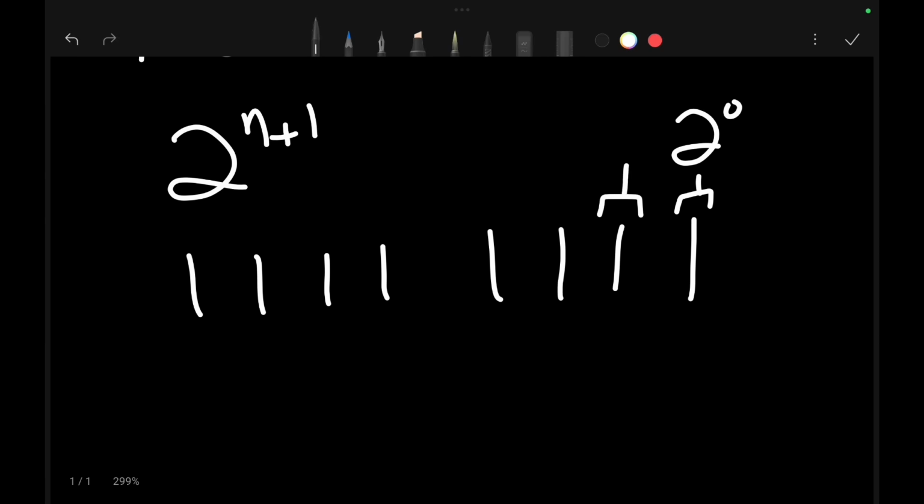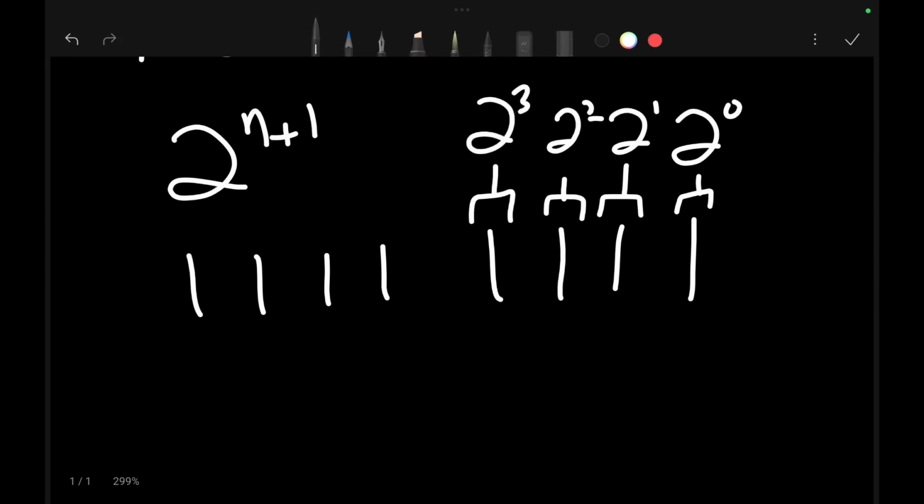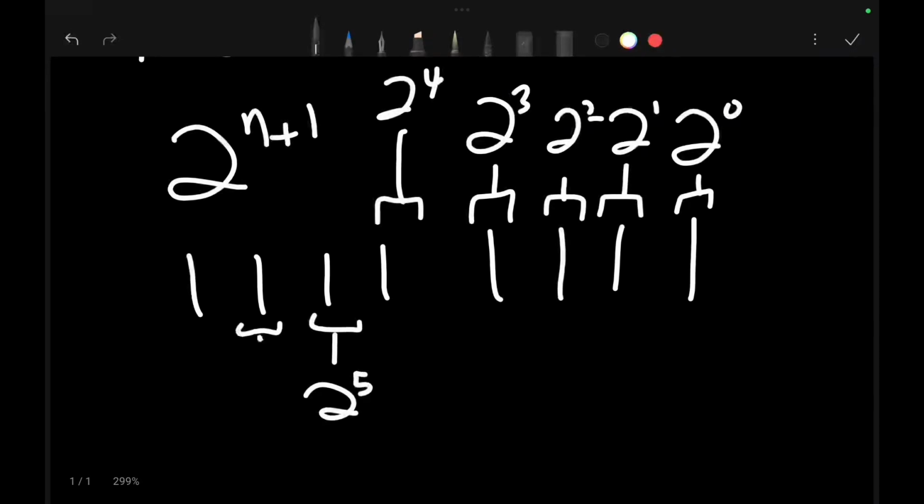So the next one will increase: 2 with the power of 1, 2 with the power of 2, 2 with the power of 3, until it becomes infinity. 2 with the power of 4, 2 with the power of 5, 2 with the power of 6, 2 with the power of 7.